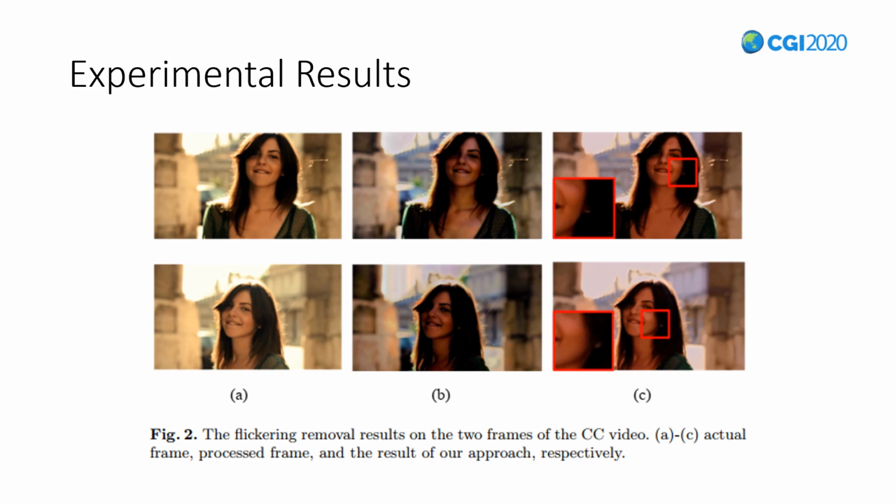The parts A through C respectively denote the actual frame, the processed frame, and the result of our approach. By looking at these results, it can be observed that the neck and cheek area of the girl is darker in the processed video, but our method satisfactorily removes these effects.